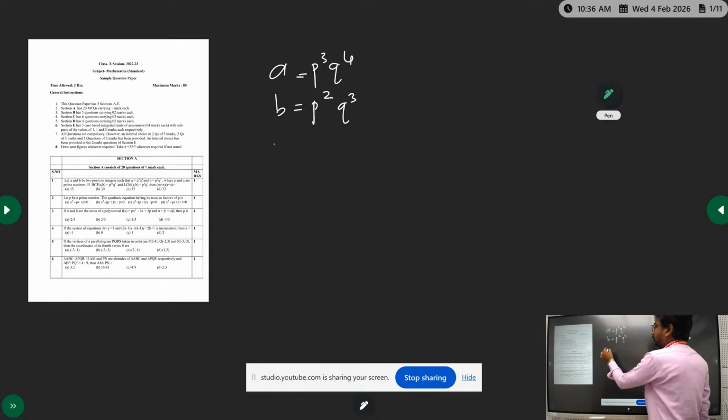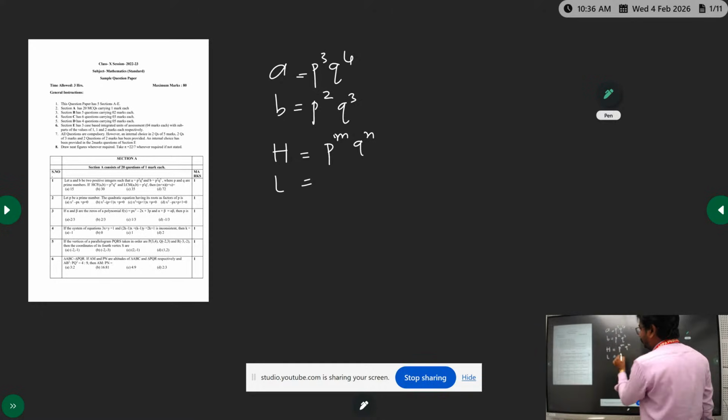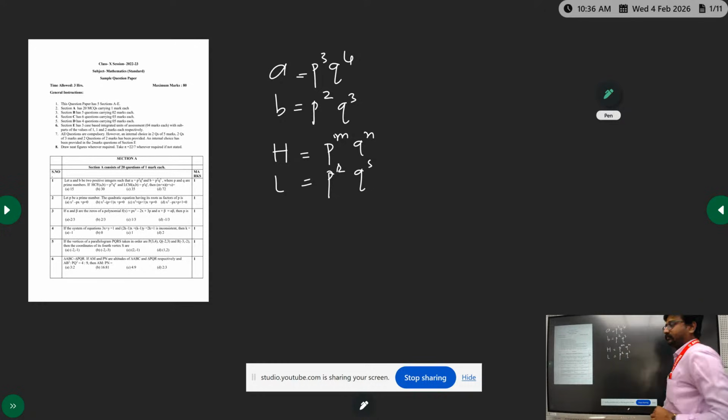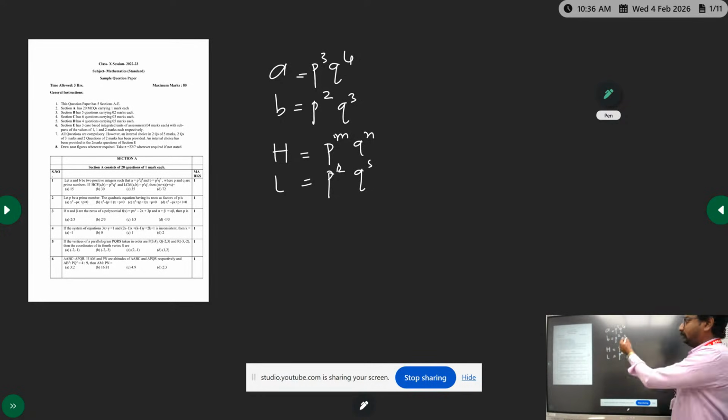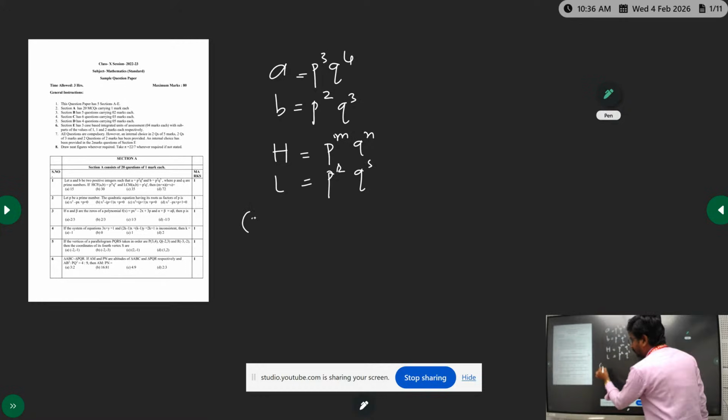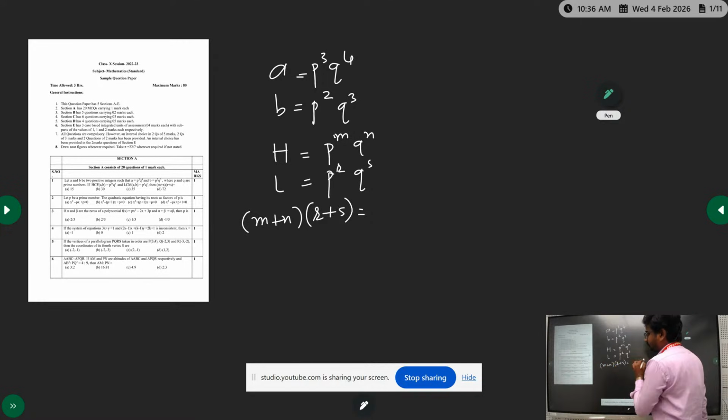The question is, HCF and LCM are in the form of P to the power M, Q to the power N, and P to the power R, Q to the power S. This is HCF and LCM given, A and B value given. They might be composite numbers. But what they are asking us to find is, what is M plus N into R plus S?